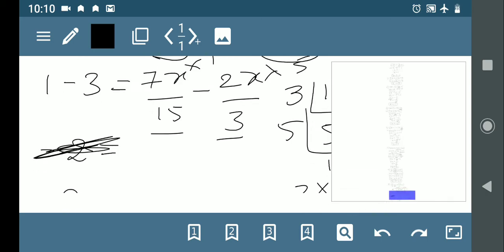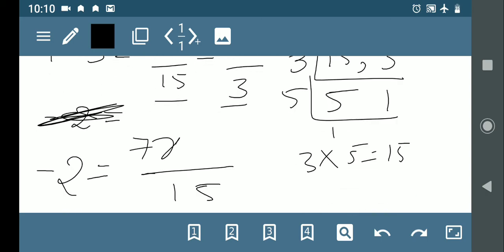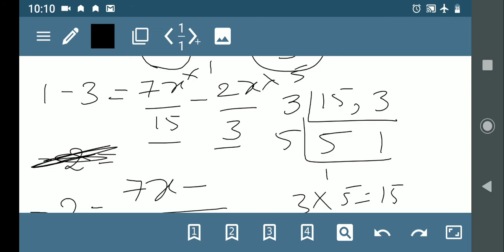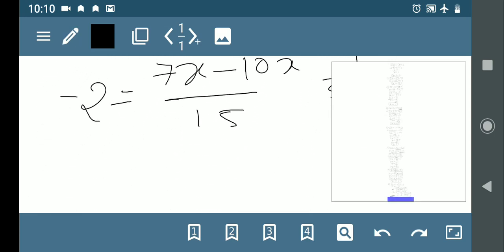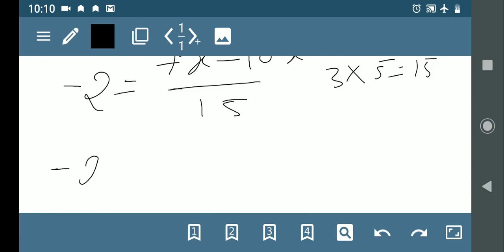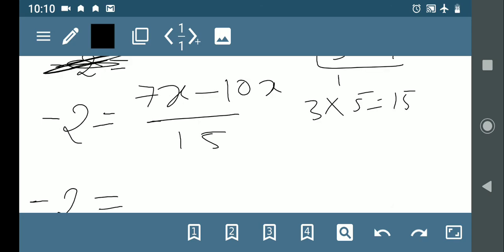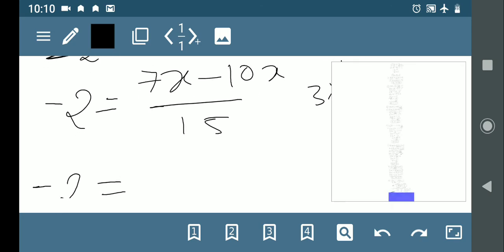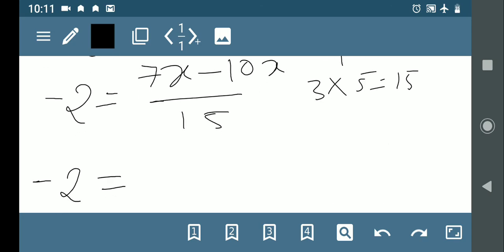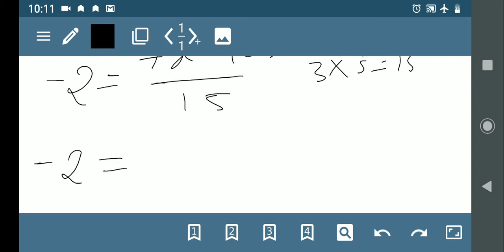7x into 1 is 7x, minus 2x into 5, 10x. 2 fives are 10x. So now minus 2 is equal to 7x minus 10x, which is minus 3x, divided by 15.